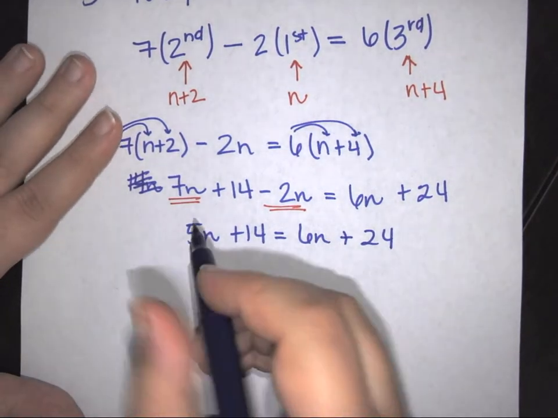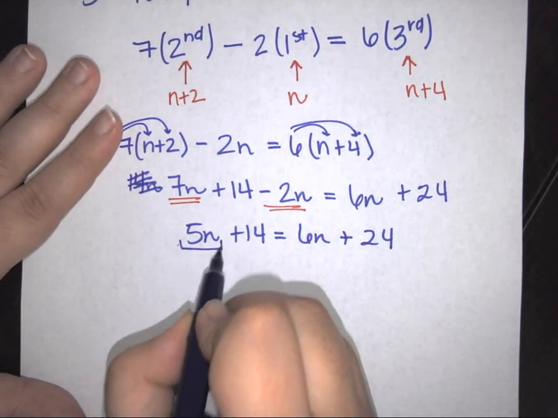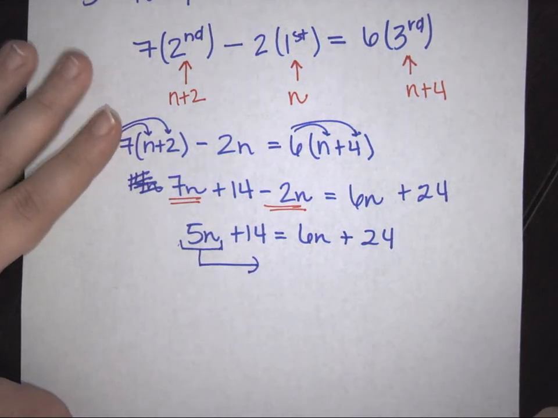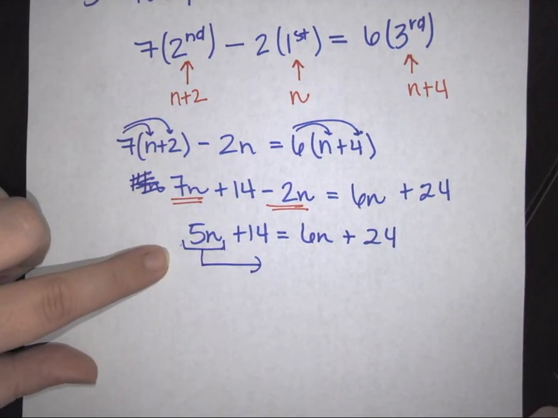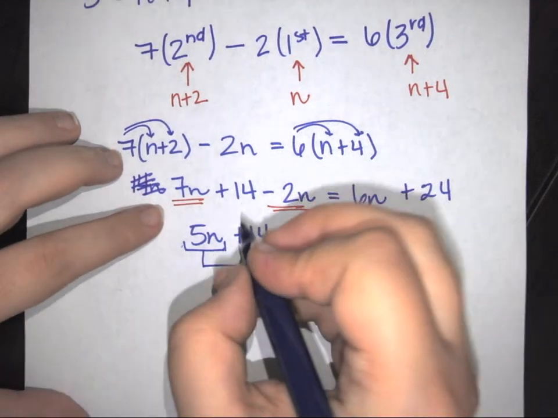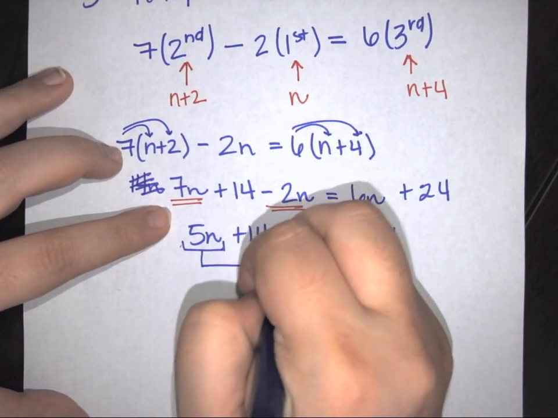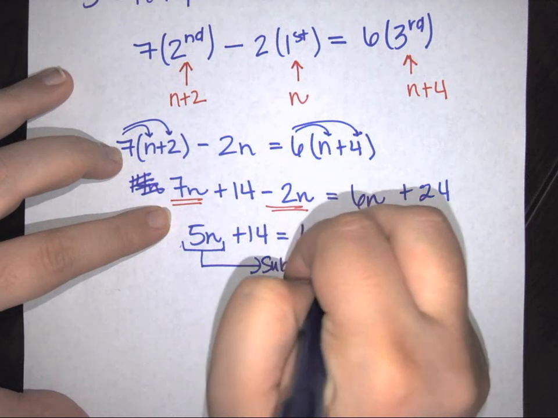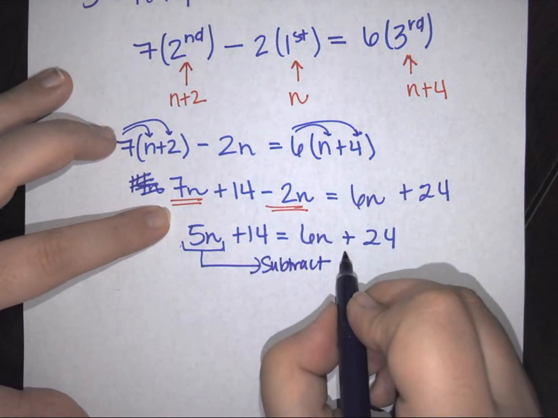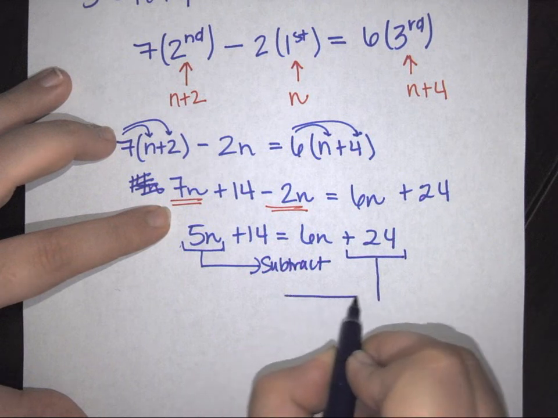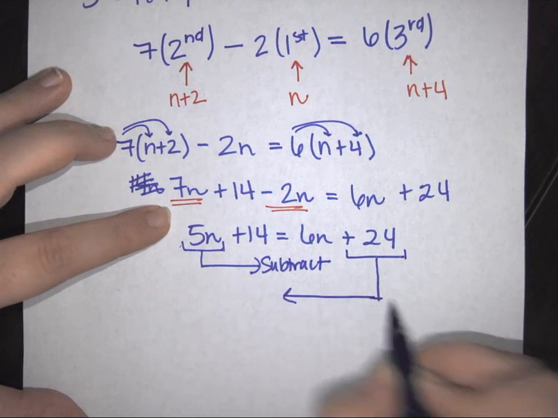I am then going to take my 5n and move it to the other side. Because it's positive, that means it's adding. To move it across the equal sign I have to subtract. I'm then going to take my 24 and move it across my equal sign.